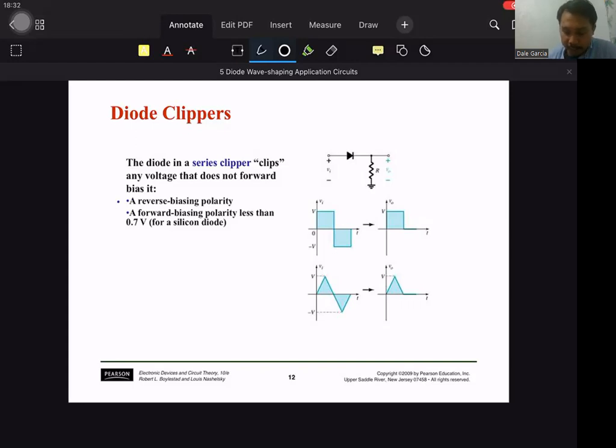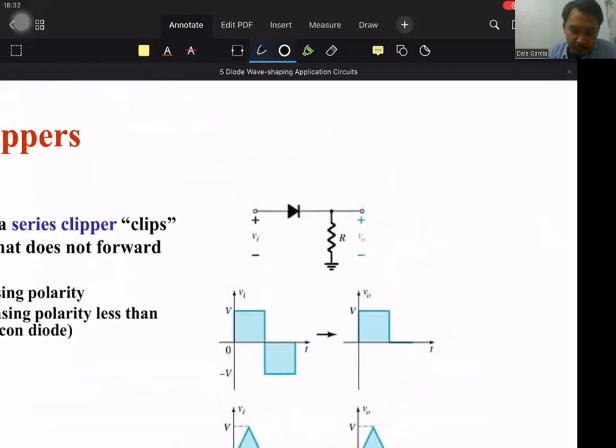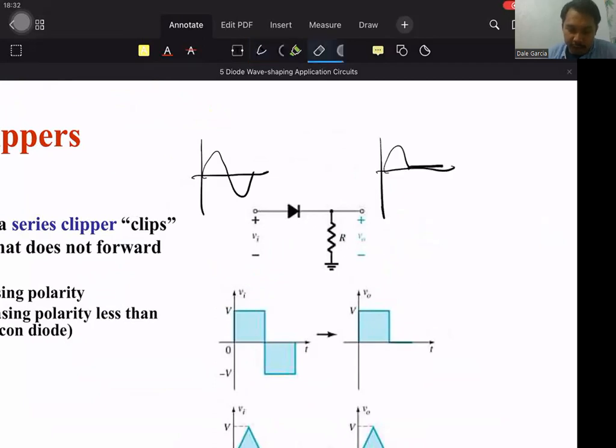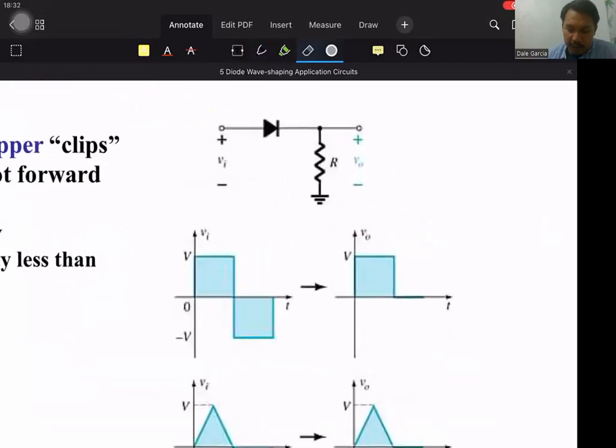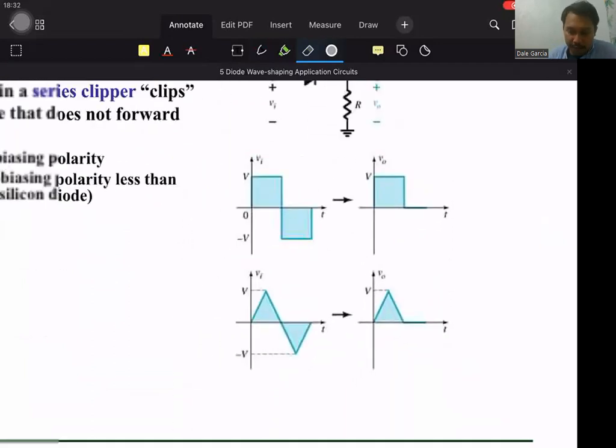This is just a simple one. If ang atong input signal is sinusoid, ang output is that one. If atong signal is square wave, just like this one, clip away ang negative half cycle. Same for the triangular wave. Okay?